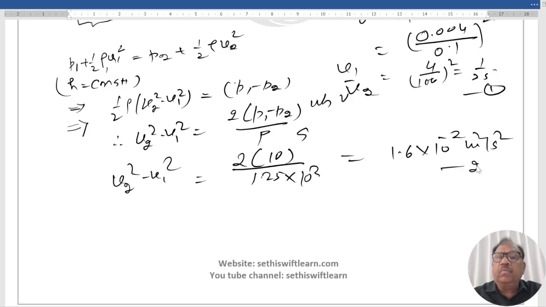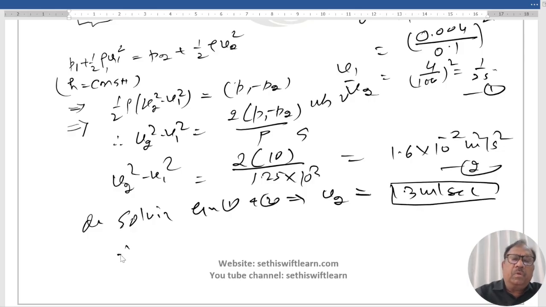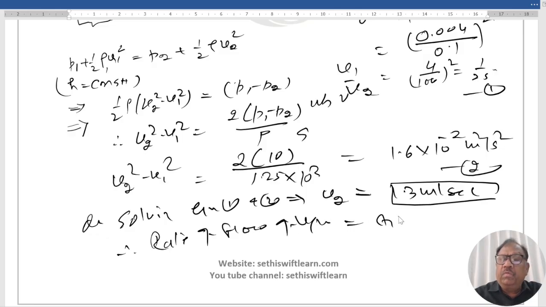This is equation 2. On solving equation 1 and 2, we get V2 equal to 1.3 meter per second. Therefore, rate of flow of liquid, we can use A1 V1 or we can use A2 V2.